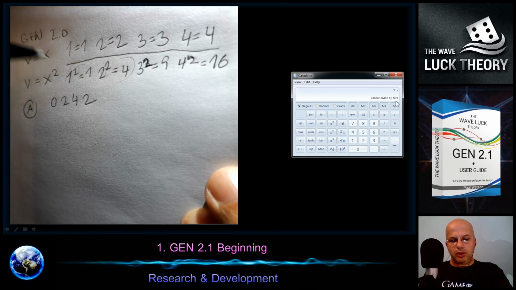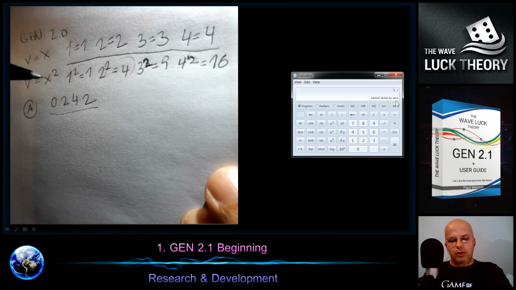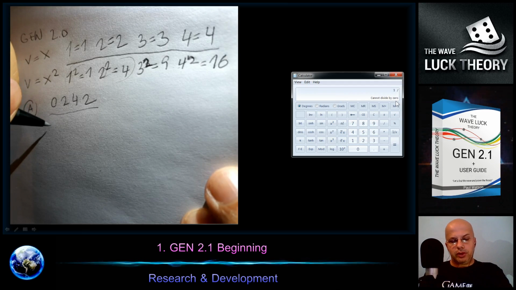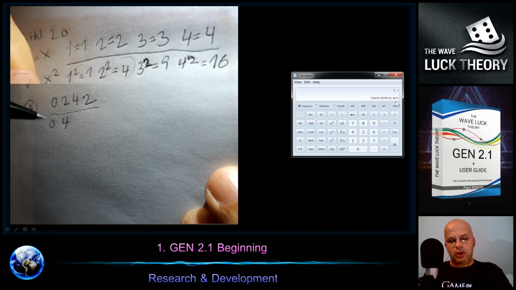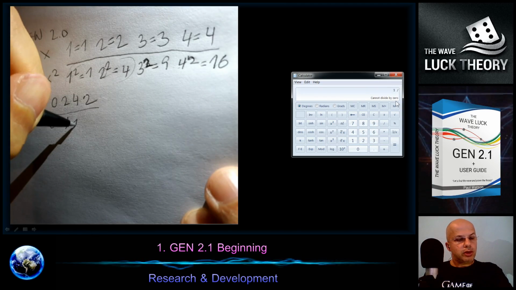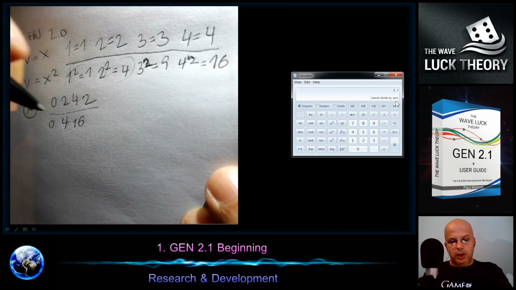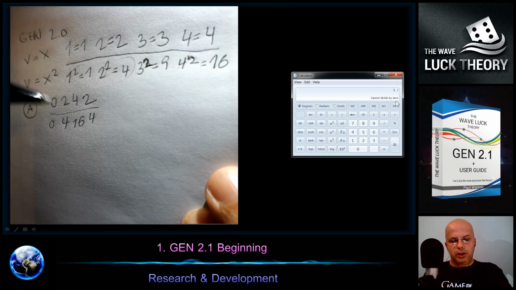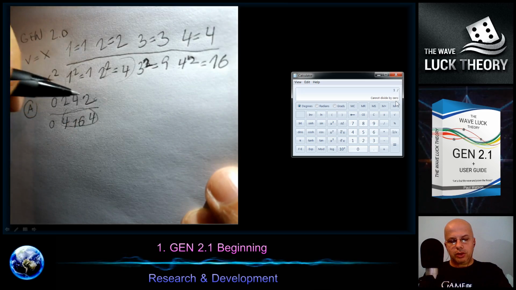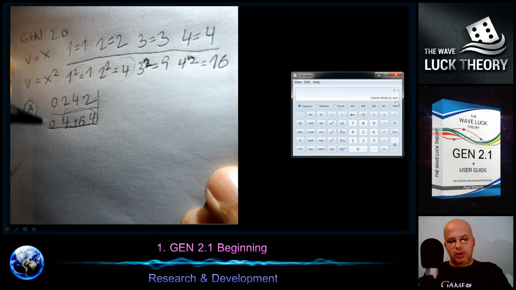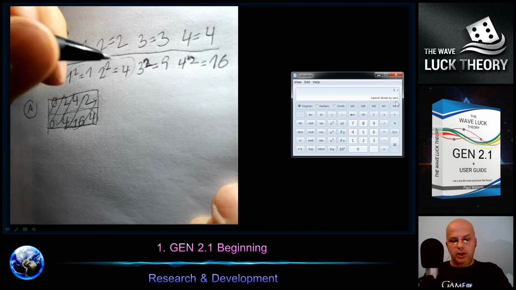And if we square the results, 0 squared is still 0, 2 squared is 4, then 16, and 4. Yeah, so we are getting higher values. But I would rather show another sequence, so this one I will cross out, and let me show this sequence.